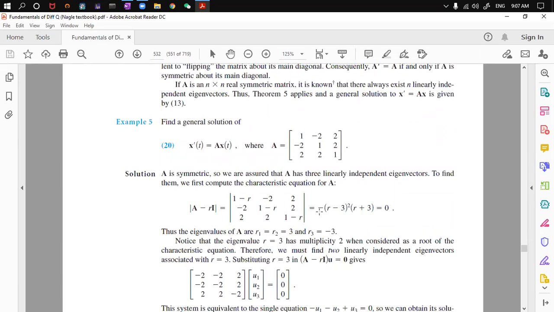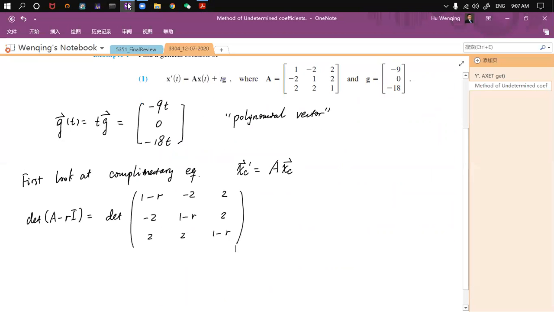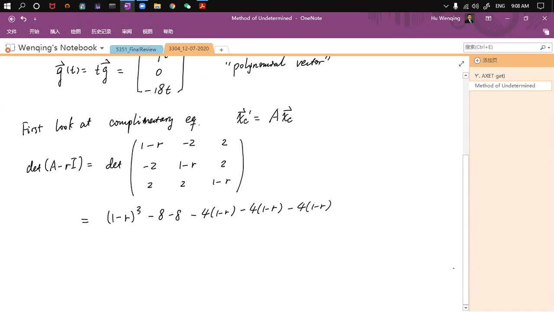We want to calculate the determinant, so you just have to do a little bit of algebra. That means you have to multiply this 3, so 1 minus R to the power of 3. And then you multiply this 2 by this, with positive signs, so that's minus the 8, and then minus the 8 again, and then you go in the reverse direction: minus 4 times 1 minus R, minus 4 times 1 minus R again, and minus 4 times 1 minus R. So that's going to be this factor.